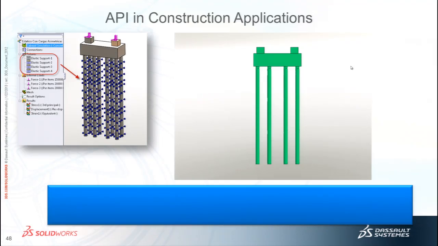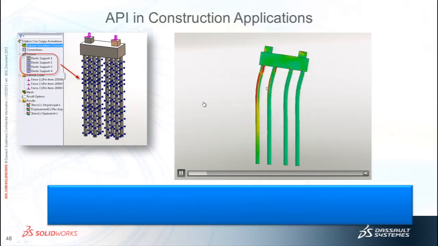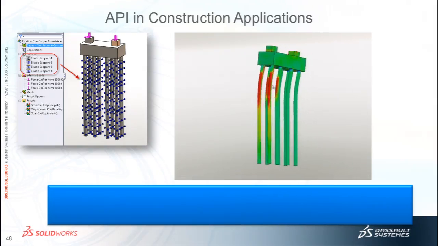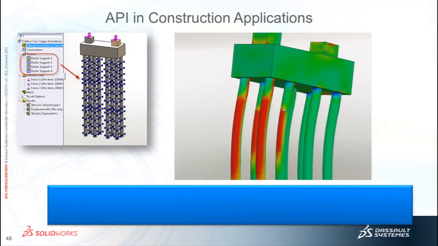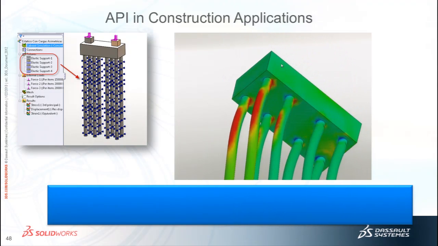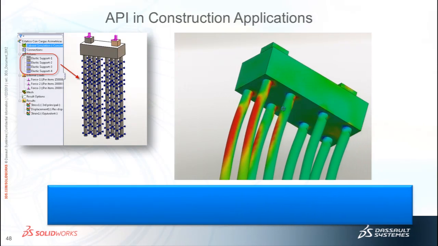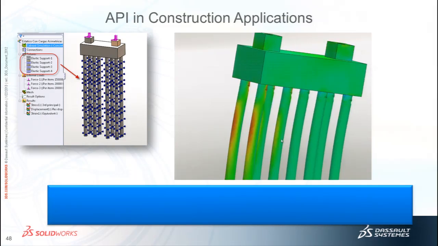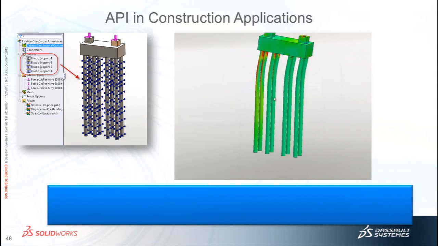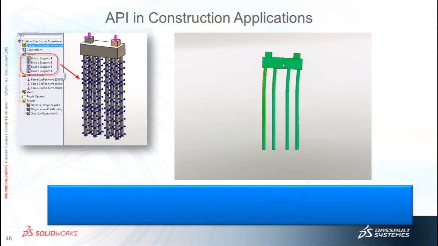This allows you to simulate soil structure interaction because it takes into account the stiffness of the soil. This is not a fix, not a roller, not a hinge. It's a special fixture that simulates this soil structure interaction. So for those cases, we use the API, of course, with simulation as an engine.